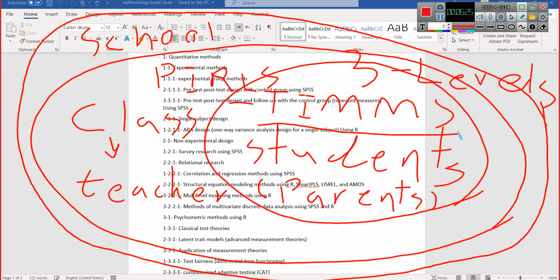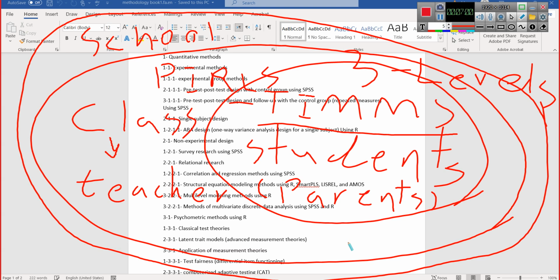So we have also other data sets like PISA, like NAEP. NAEP is for the United States, and PISA is an international data set that can be used by researchers around the world.